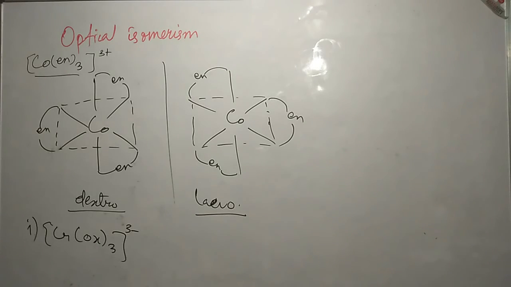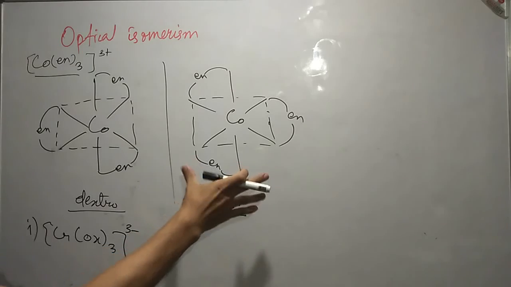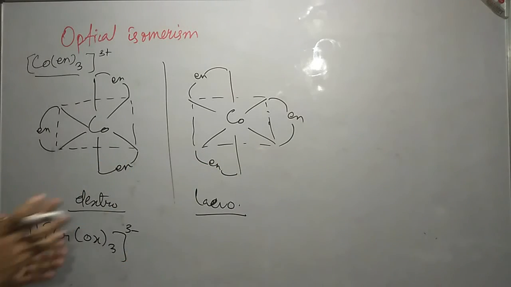Next one is optical isomerism. Here there are certain substances that can rotate plane polarized light, and those compounds are called optically active substances. For example, one compound, after forming the mirror image, in this case the mirror image of this one is this. Now they are both non-superimposable.